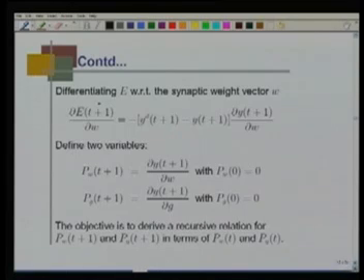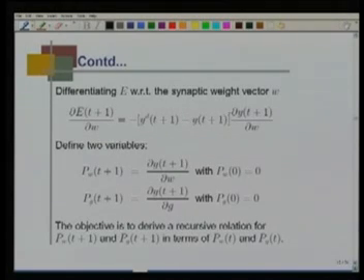If you differentiate E with respect to w, you have, as usual, (yd t plus 1 minus yt plus 1), and a minus sign will come because you differentiate yt plus 1 with respect to w.